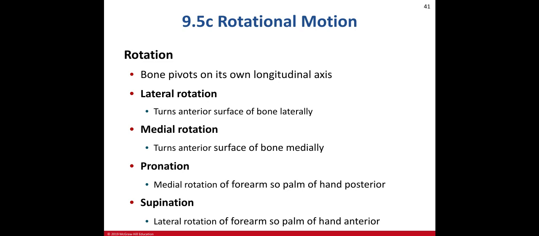You can have medial rotation where you turn the bone medially or towards the center. You can have pronation, and that is like a type of medial rotation. An example is taking your forearm so the palm of the hand is posterior. And then supination, where you laterally rotate it so that the palm is anterior.